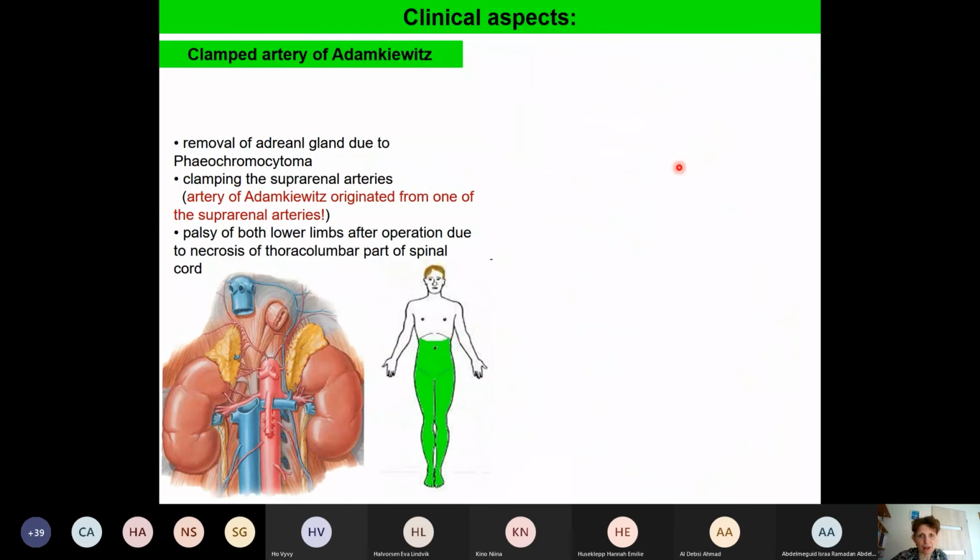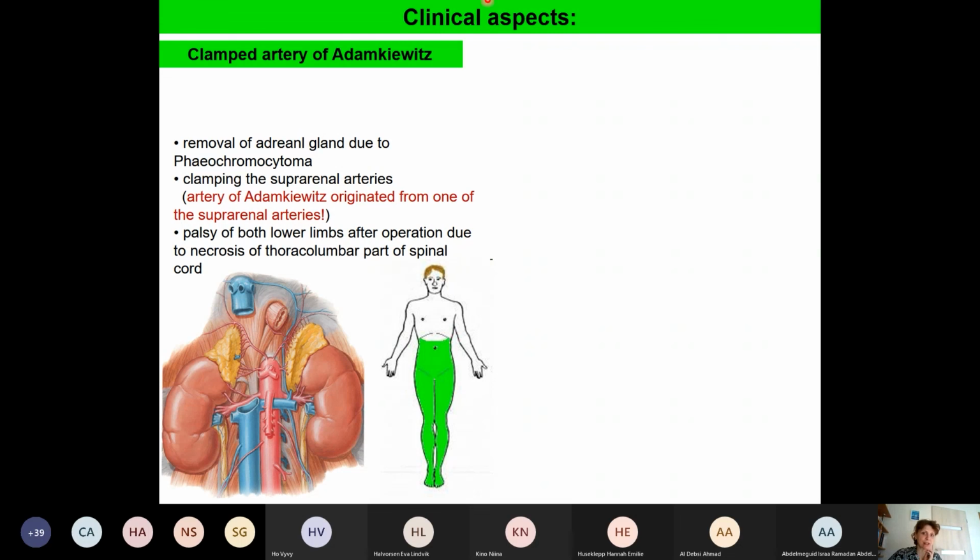And here I want to speak about a clinical case, and maybe then you will understand better why this Adamkiewicz artery is important. So in a patient, the adrenal gland was removed due to a tumor. Pheochromocytoma was this tumor, and if you remove the adrenal gland, naturally you have to clamp the corresponding arteries.